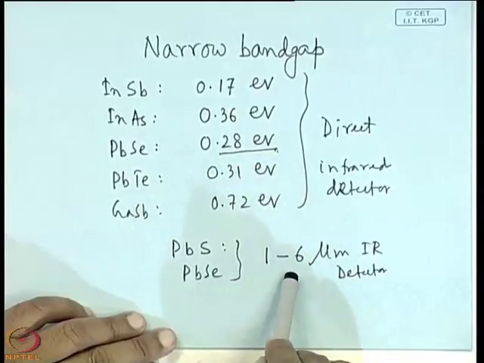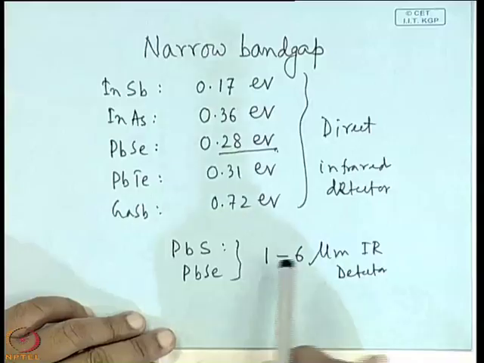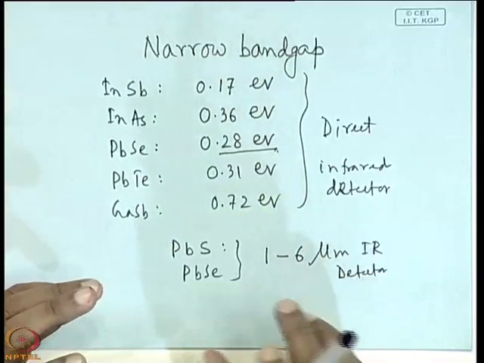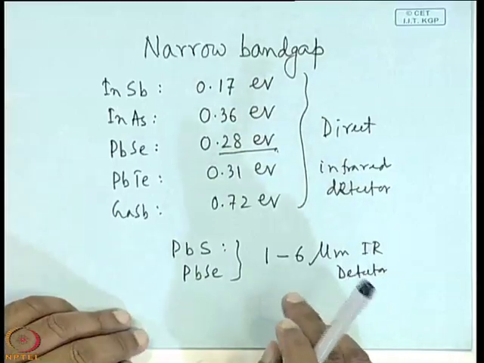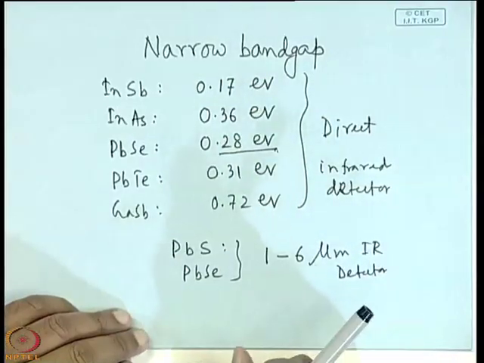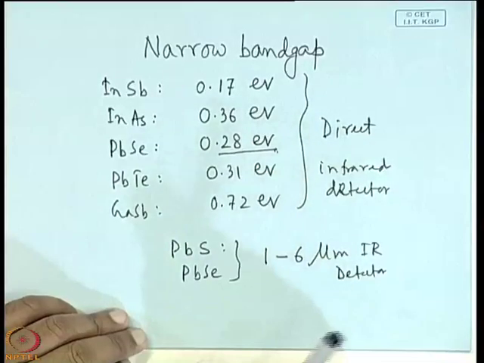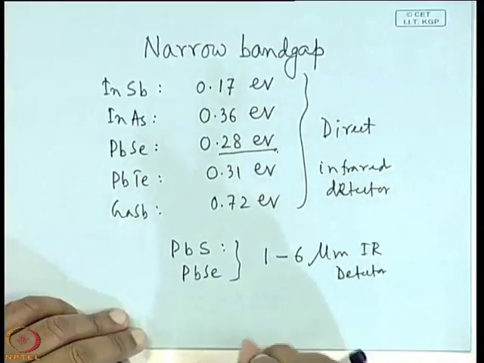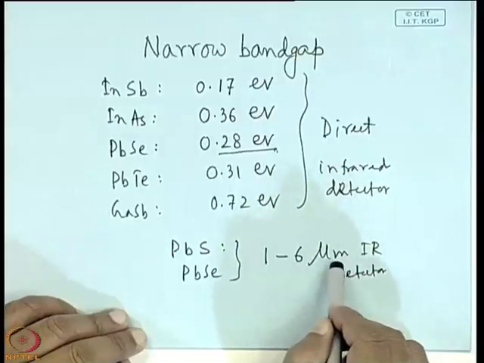But 3 micron, 4 micron, 5 micron, 6 micron are used in remote sensing applications, for atmospheric gases, such as carbon monoxide, carbon dioxide, sulfur dioxide, etc. So for detection of those gases, this high infrared region is used.